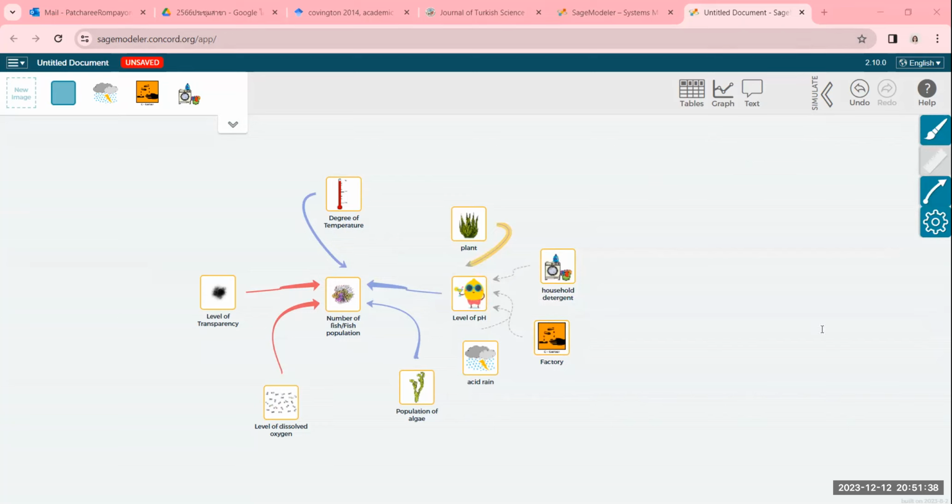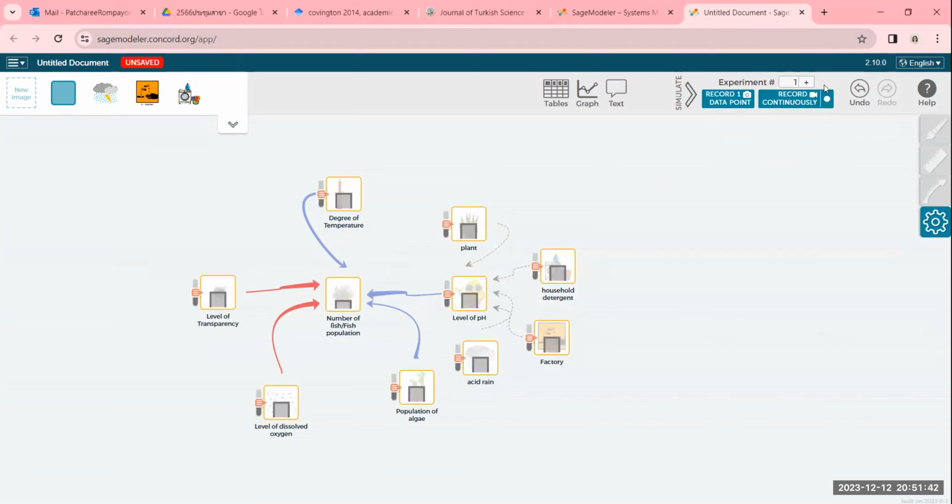Yeah, that one. Okay, so now you see the, what do we call these? I can never remember. Sliders, the sliders. So if you want to just do what she said, as in temperature, if you said temperature increases or pH, let's try that and see if the population changes.